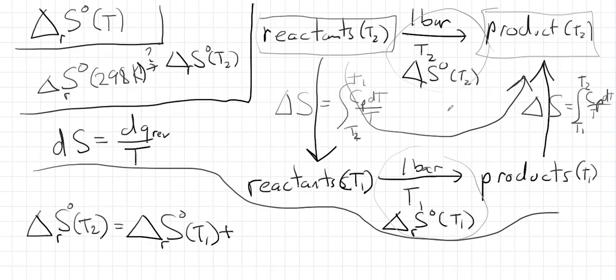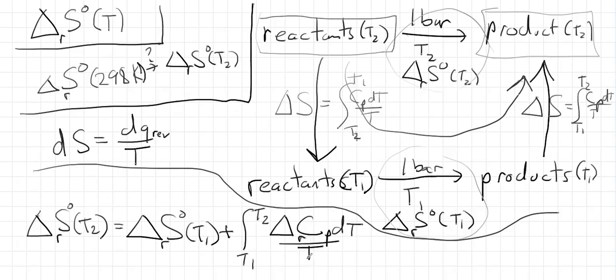If we subtract this integral from that, then we'll be looking at delta Cp. And remember, if we subtract an integral, that's the same as flipping over the limits of integration. So in both cases now we're going to go from T1 to T2, and we have delta Cp, just as we had before, dT, but we're integrating delta Cp dT over T.